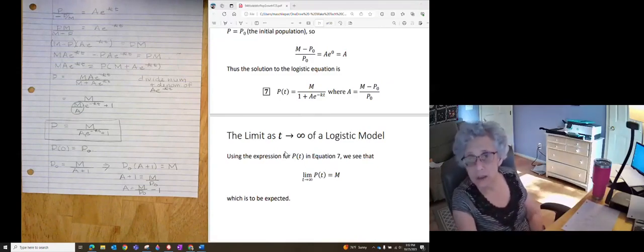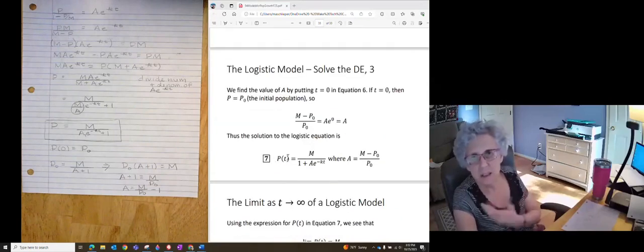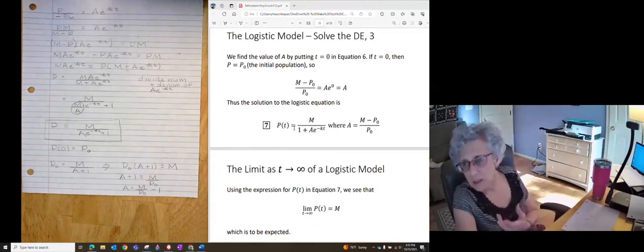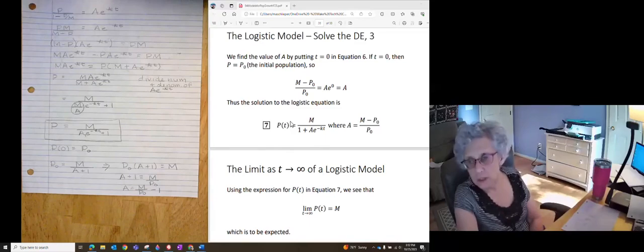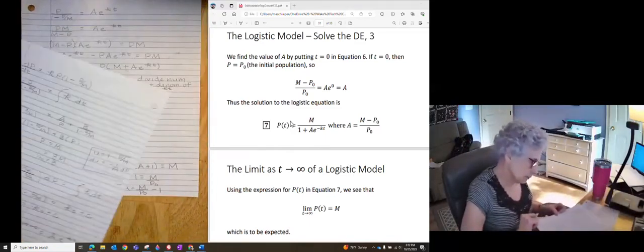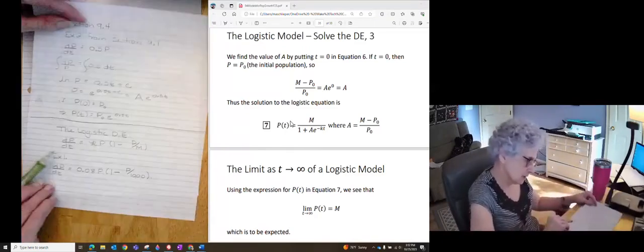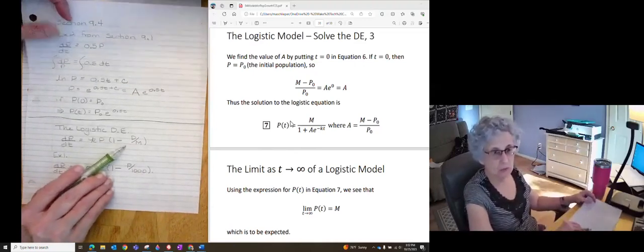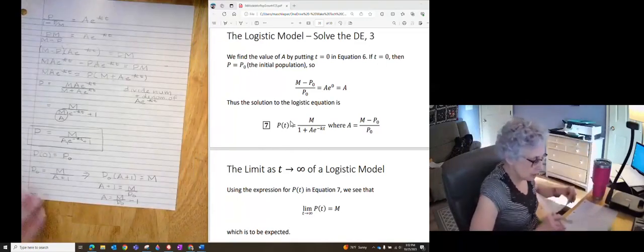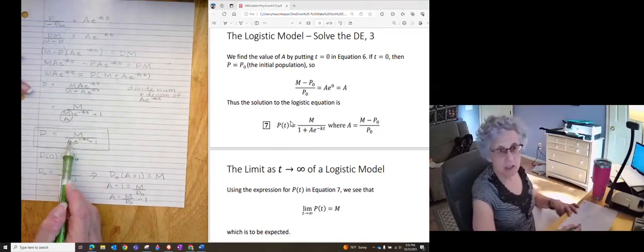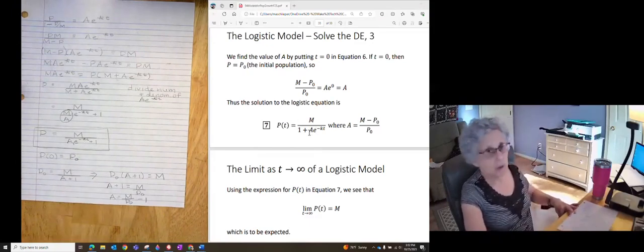Here's the pretty answer. They did the math slightly differently on the PowerPoint. That's okay, because you're just going to memorize this anyway. So if we start with our logistic problem where we have dp dt is kp times 1 minus p over m, we end up with population is carrying capacity over some constant a e to the negative kt plus 1, and it has the 1 first here.